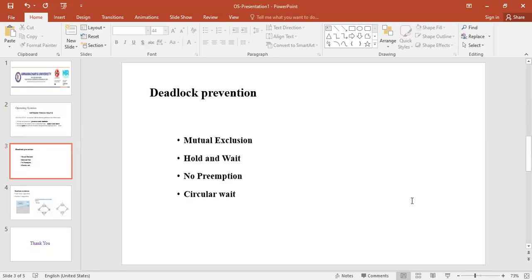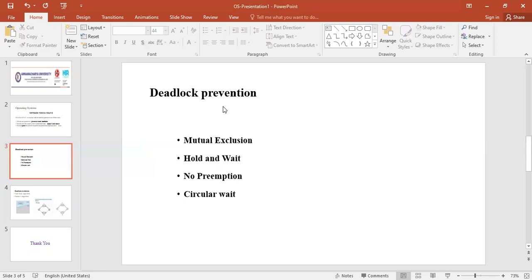Deadlock prevention and avoidance are used to diagnose before the problem occurs, so based on these two mechanisms the deadlock will not occur.